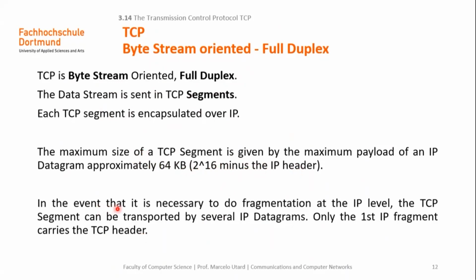In the event that it is necessary to do fragmentation at the IP level, the TCP segment can be transported by several IP datagrams. And remember, in this case, only the first IP fragment carries the TCP header. This is important to remember when we talk about the different mechanisms of packet filtering in the perimeter control typically implemented in firewalls.